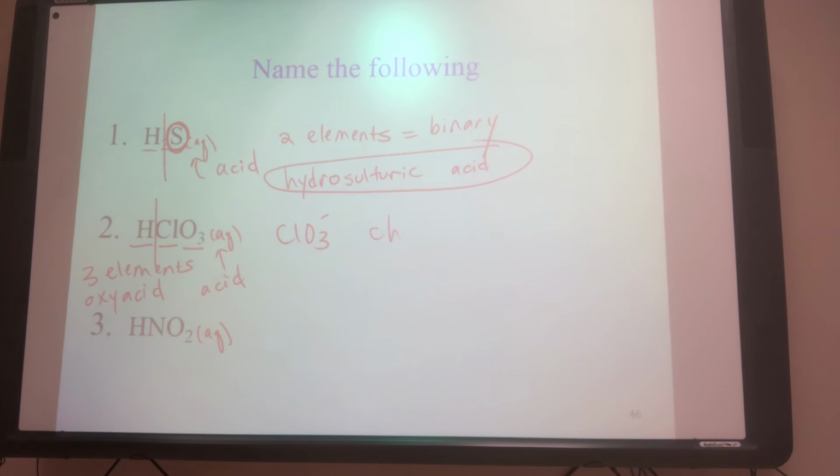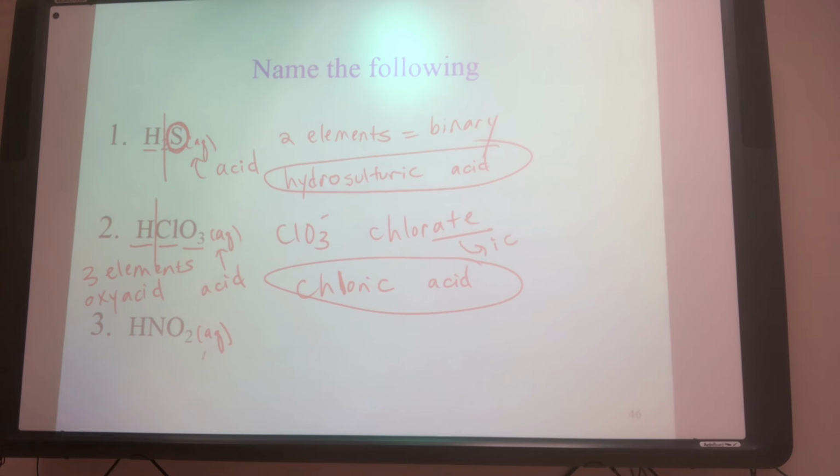And I discovered that that is chlorate. Once I know he's chlorate, I know that if the polyatomic ion ends in -ate, I'm going to switch that to -ic. So I do chloric, and then the word acid. Don't do hydro. Hydro is only if it's binary. If it's oxyacids, they don't get the hydro. Just the name of the polyatomic with the proper ending and the word acid.